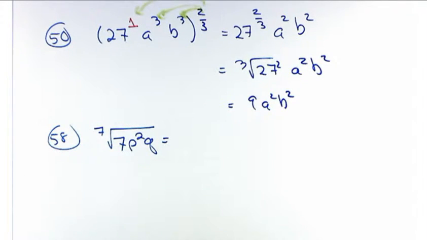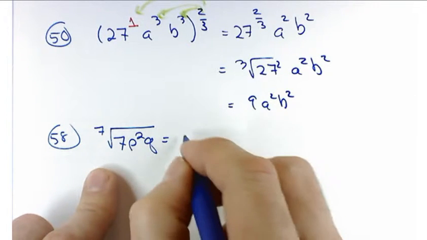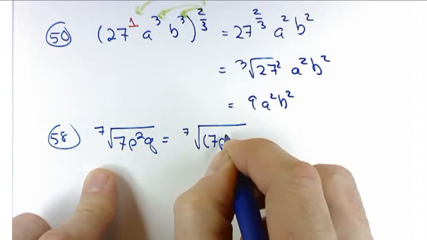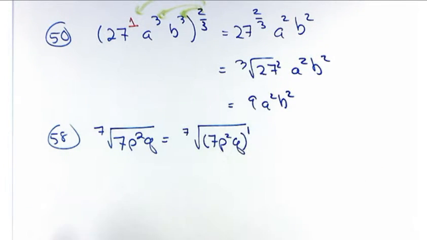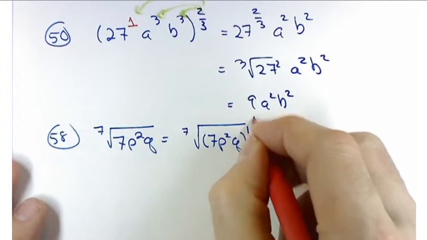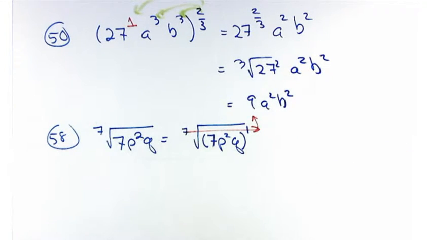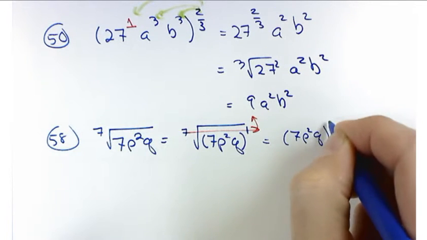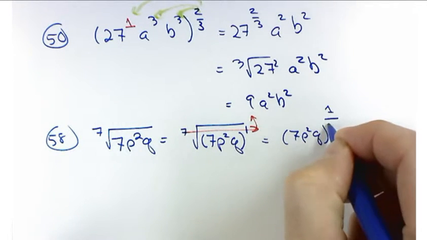What I would suggest is that you take this expression under the radical and we'll put it in parentheses 7p squared q, all raised to the first power. The reason for that is because it sets us up for what you might remember as an old football play. It's called the reverse boot. So the 1's going to come up and the 7's going to come over. I'll get 7 p squared q raised to the 1/7th power.